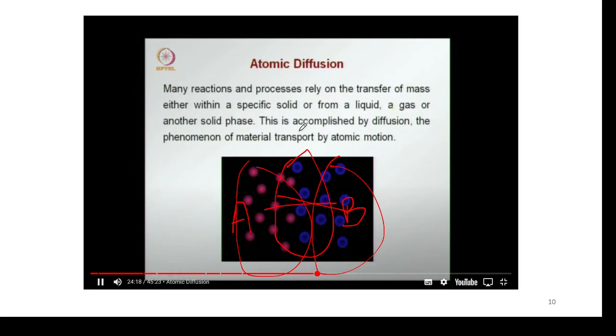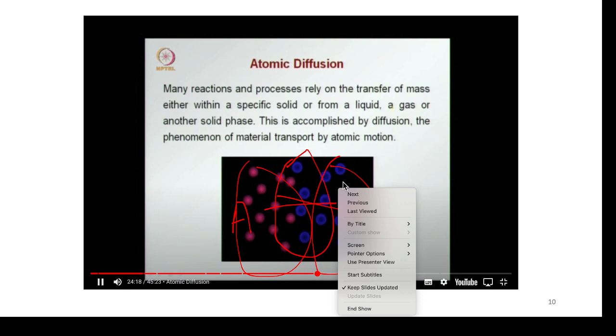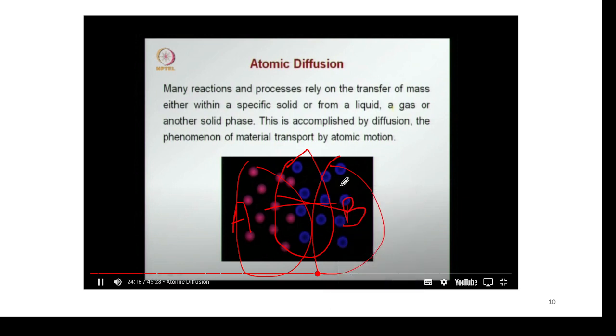This is accomplished by diffusion, the phenomenon of material transport by atomic motion. Diffusion happens because there is a variation in concentration. The concentration of B is very high here and the concentration of A is very high here.